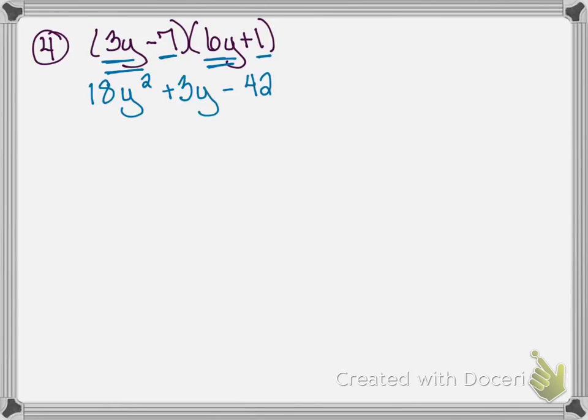Negative 42y. Negative 7 times 1 is negative 7. Now, what we have here is we have like terms, 3y and negative 42y. They can be combined, and I get negative 39y minus 7.